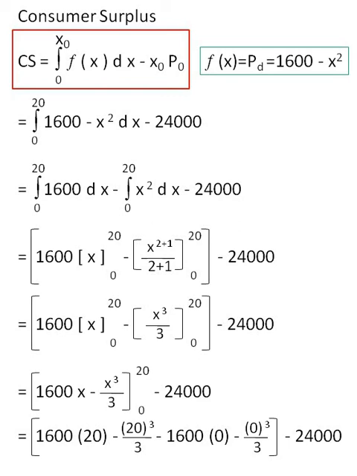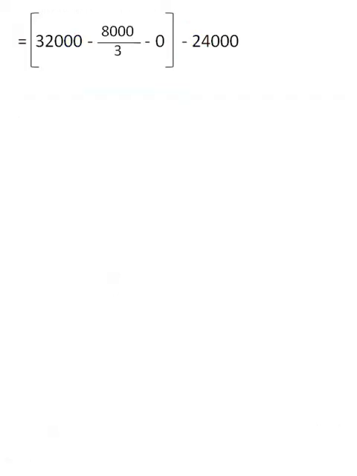So 1600, now we are substituting x with 20, 20 minus 20 cube by 3, minus, now we are substituting with 0, 1600 into 0 minus 0 cube by 3, minus 24,000. On solving further, 1600 into 20 gives you 32,000 minus 8,000 by 3, and the next part is 0, so minus 0 minus 24,000.